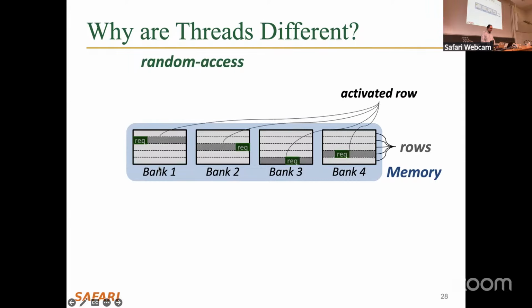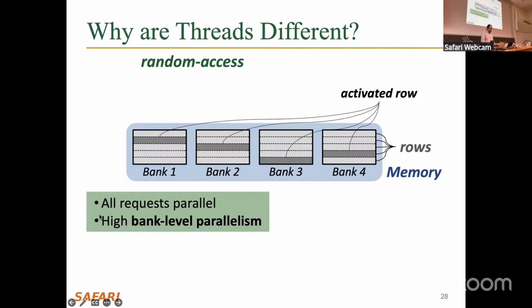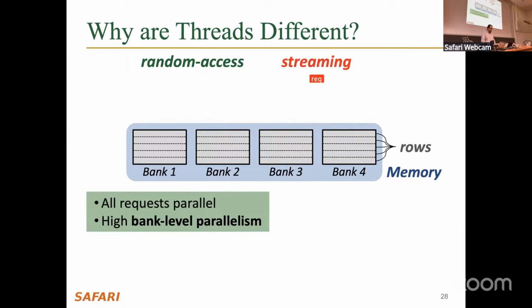Even though the locality you can get from one bank is not good, so you cannot benefit a lot from the row buffer, the fact that you can distribute accesses across multiple banks is a good thing for you. You need to activate different rows to get your result, so all requests are in parallel, and we have high bank level parallelism.